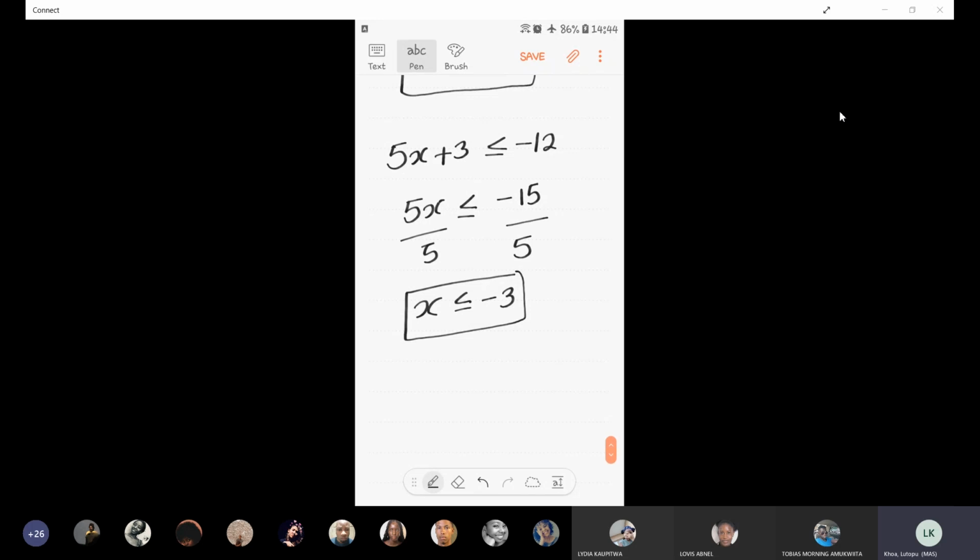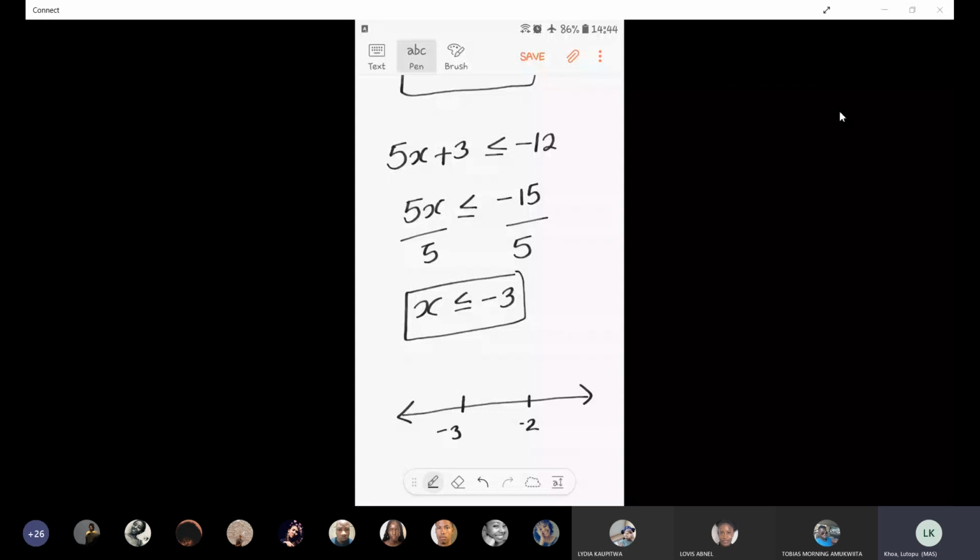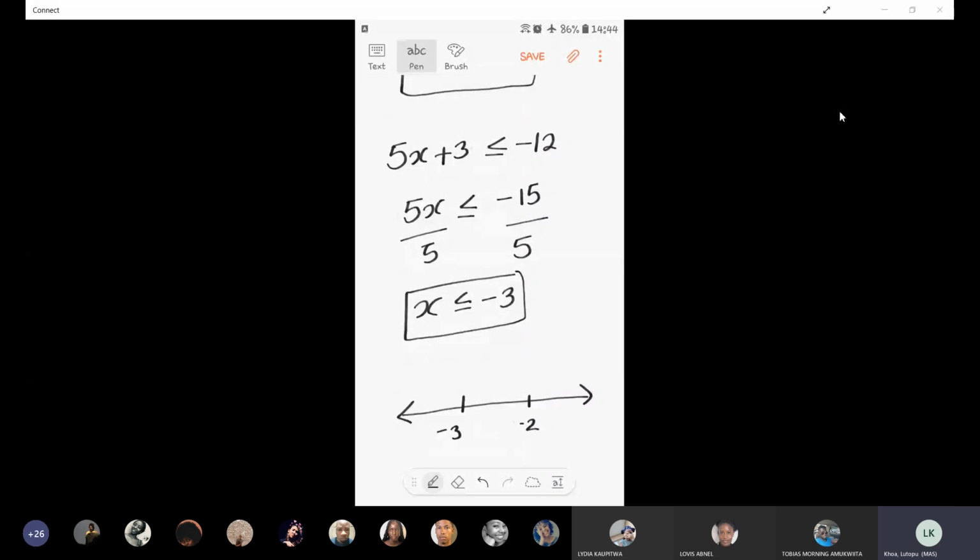Now I draw them on my number line. So I have x is minus 3 and x is minus 2. So minus 3 comes first in the number line. Then the first solution, we said x is less than or equal to negative 2.